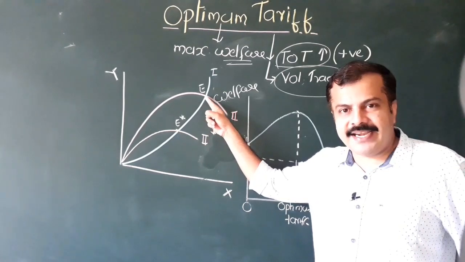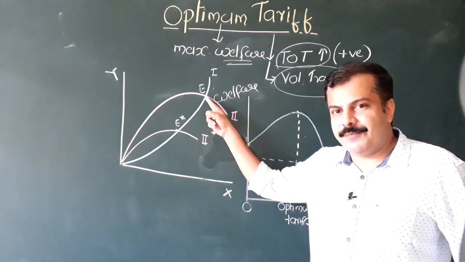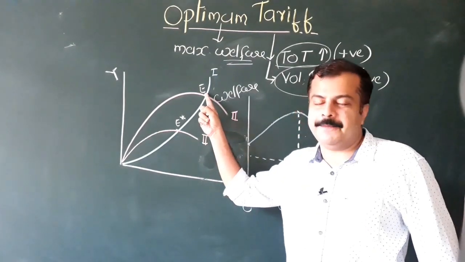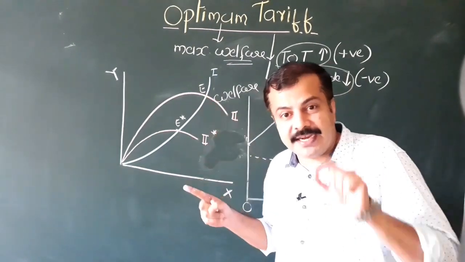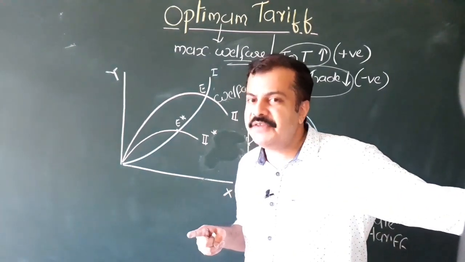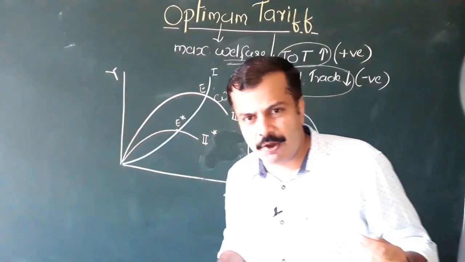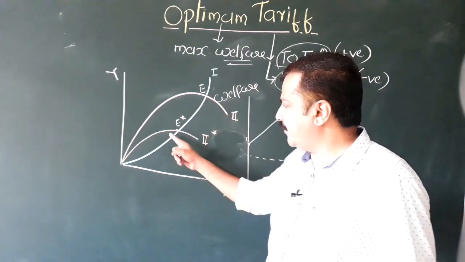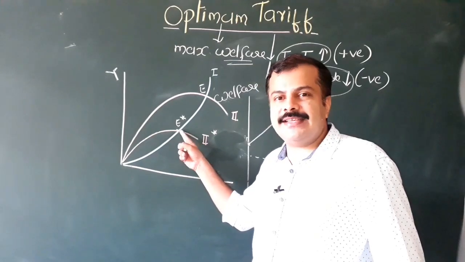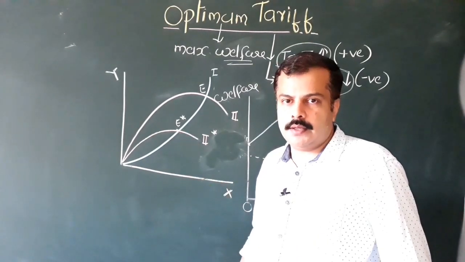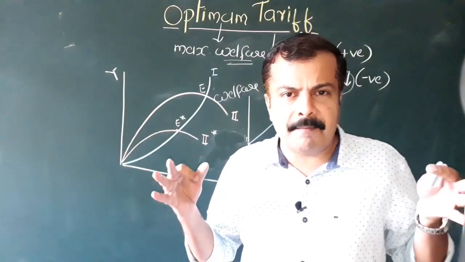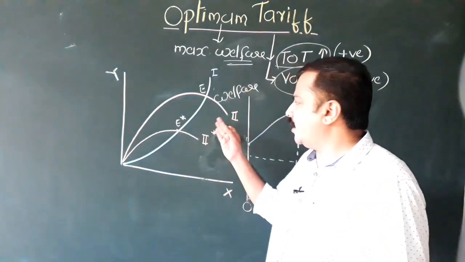At free trade, the intersection of these two offer curves took place at point E. After country 2 imposes its optimum tariff, its offer curve shifts to 2 star, and E star is the new equilibrium point. So it will lead to a major improvement in the terms of trade of country 2.